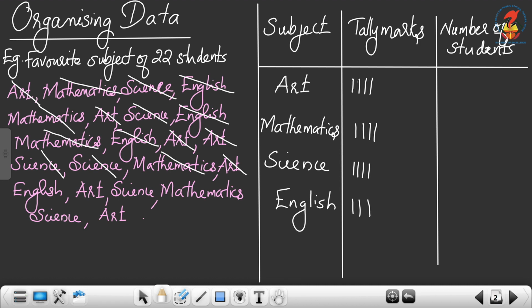So the fifth one you have to close it. Then again English, again art, science, mathematics, then science, art.